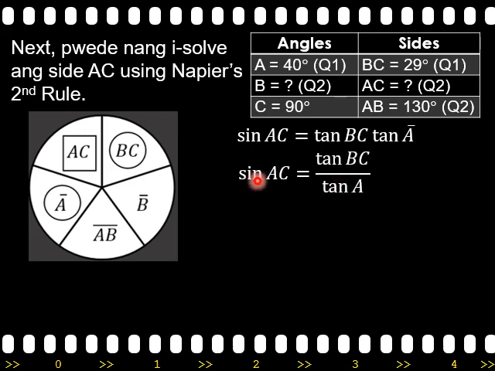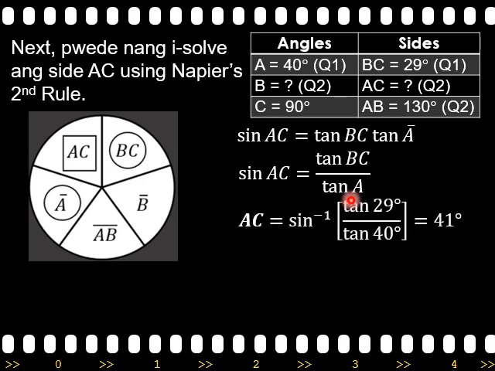So, maging ganito siya: sine AC equals tangent BC over tangent A. Tapos, tatanggalin natin yung bar. Okay, so using sa calculator, substitute lang natin yung values. So, magiging AC is equal to inverse sine of tangent 29 degrees over tangent 40. So, magiging sagot dito is 41 degrees.